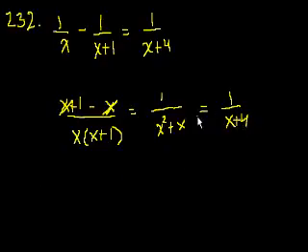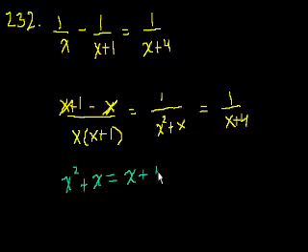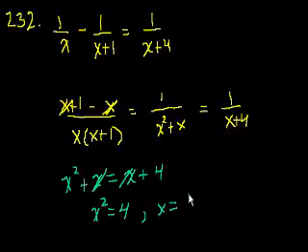So if you take the inverse of both sides, you get x squared plus x is equal to x plus 4. Let's subtract x from both sides. You get x squared is equal to 4. So x is equal to plus or minus 2. And they say, then x could be, well, choice C is minus 2, so that's one of the values that x could be. Next question, 233.